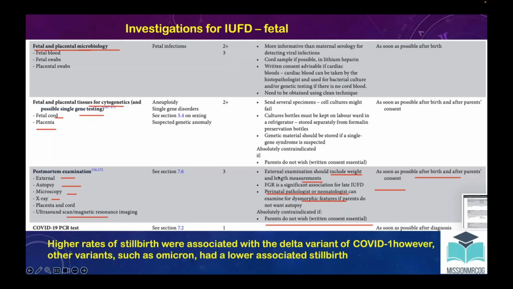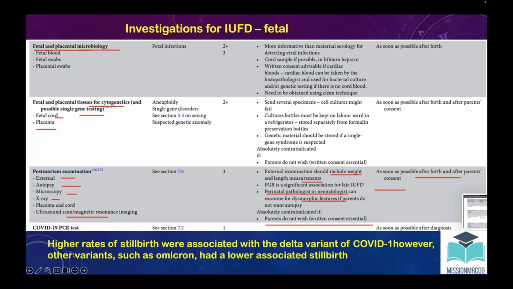Then the post-mortem examination would include external examination, autopsy, microscopy, X-ray, Byzantine cord, USG, and MRI. Okay, I'll discuss the post-mortem in detail because that is required in your exams.